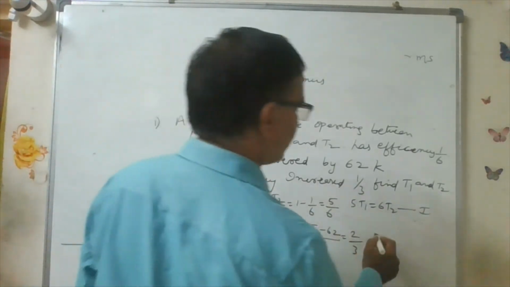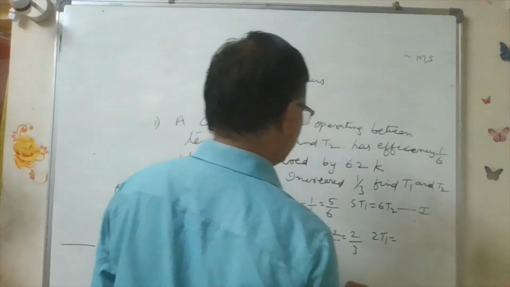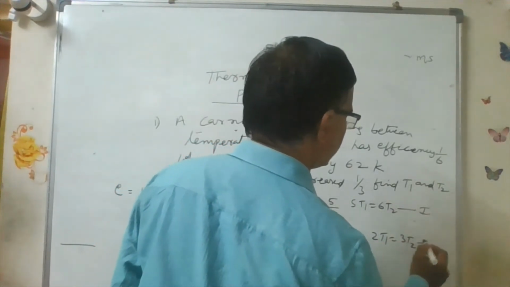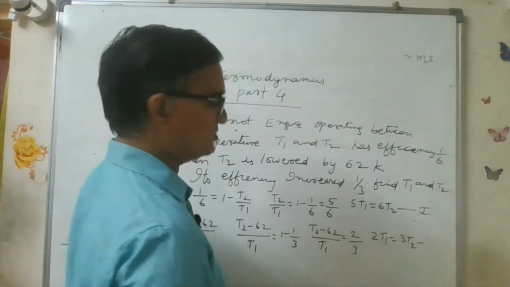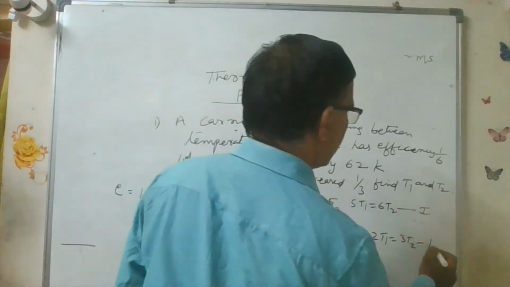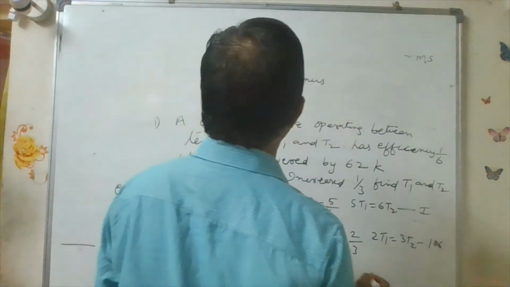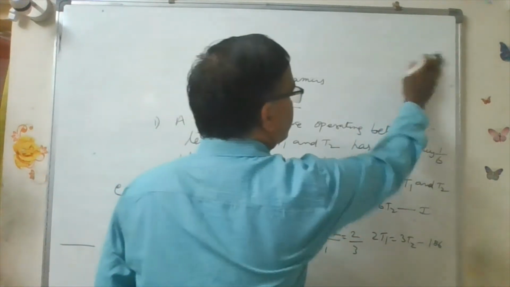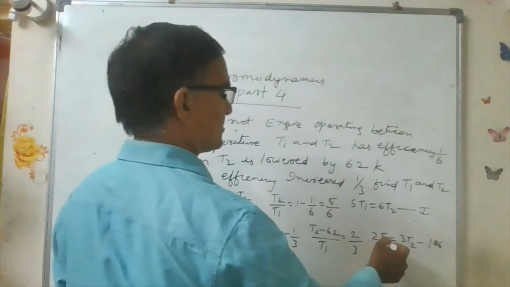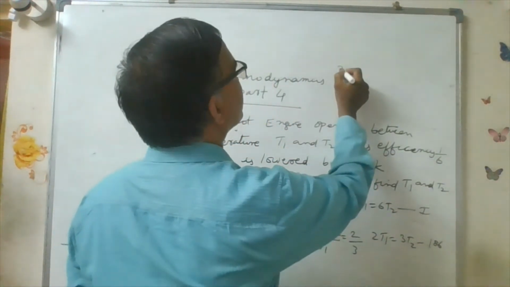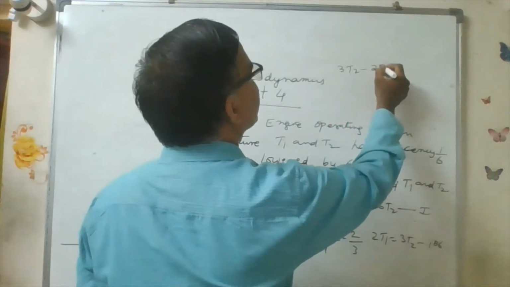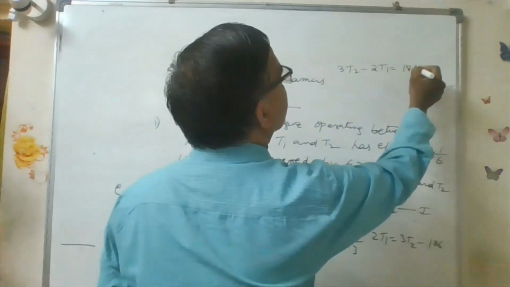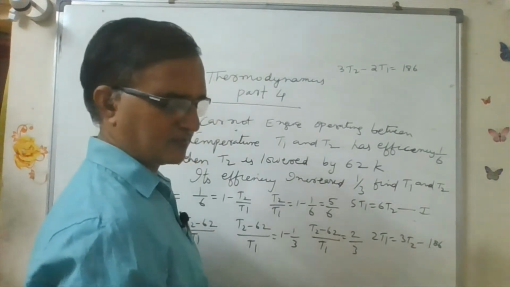Now if we simplify, 2T1 is equal to 3T2 minus 3 into 62, which is 186. So 3T2 minus 2T1 is equal to 186.